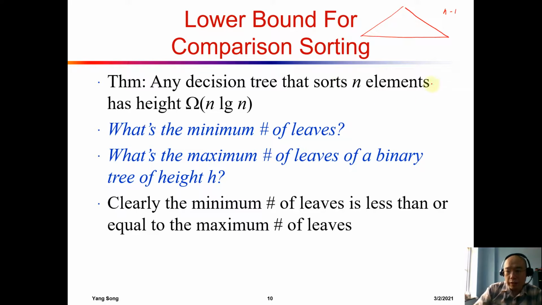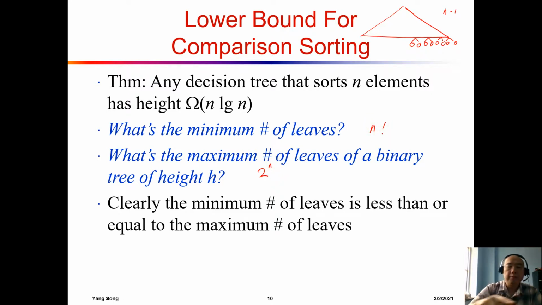So each node has 2 leaves, and then 2 leaves like this. In the last level we have all leaves, so how many leaves are we going to have? The answer will be 2 to the power h. And for the minimum number of leaves, the answer is n factorial.